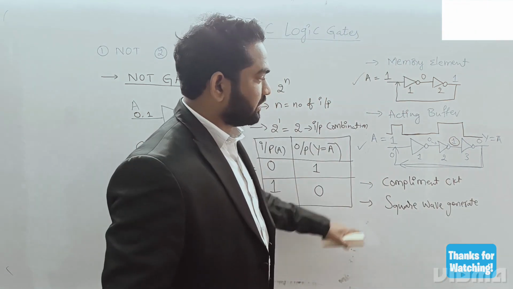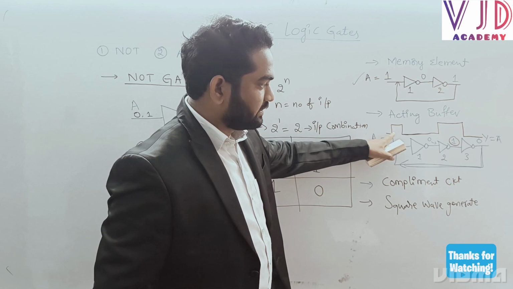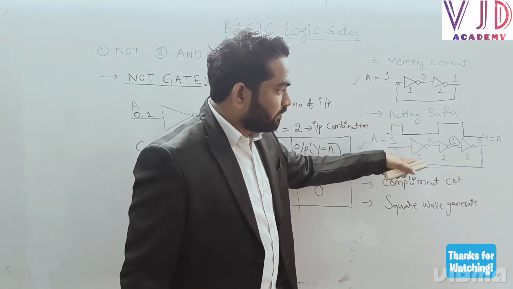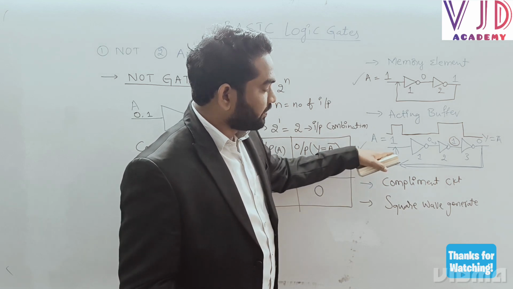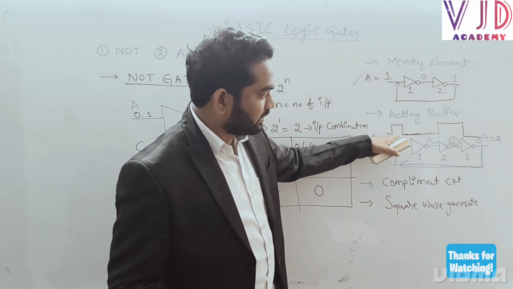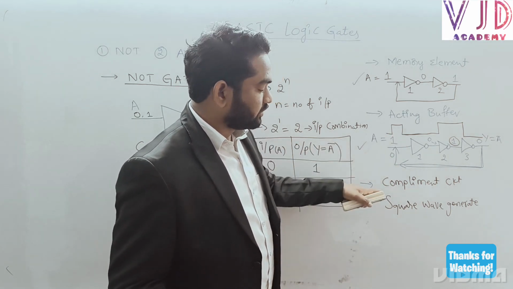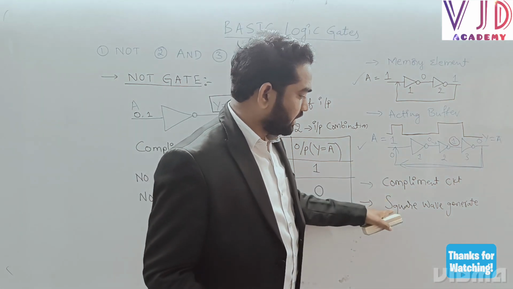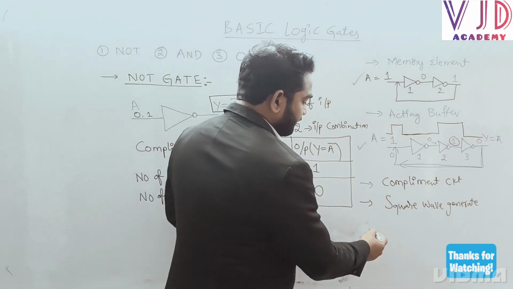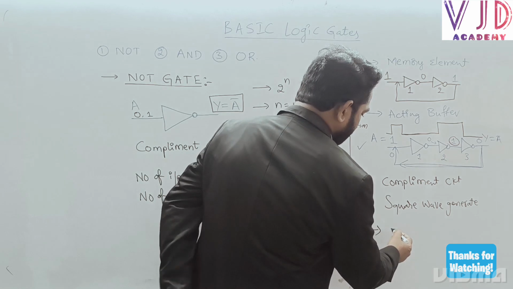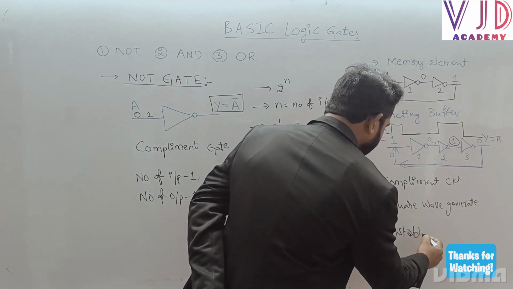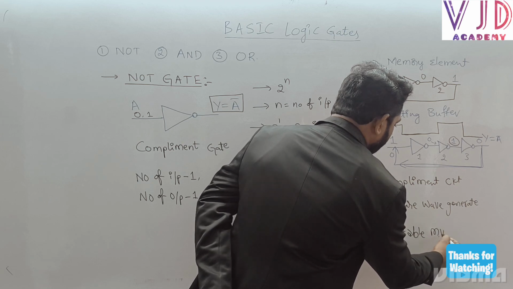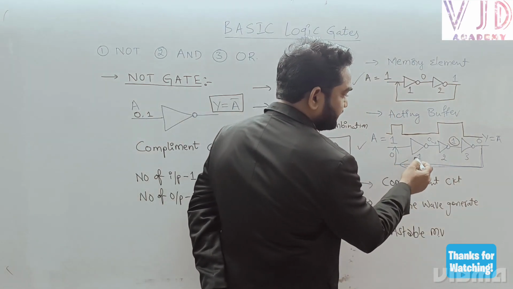What I am trying to say is, is it not a square wave? Yes, sir. When we connect an odd number of NOT gates, we can expect the output in the form of a square wave. So this is called a square wave generator, and also an astable multivibrator, because no state is permanently stable.